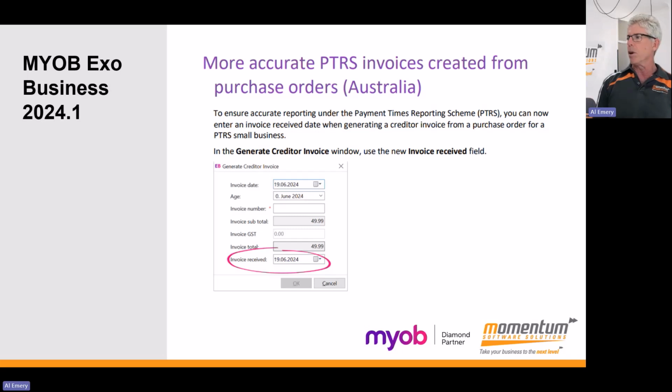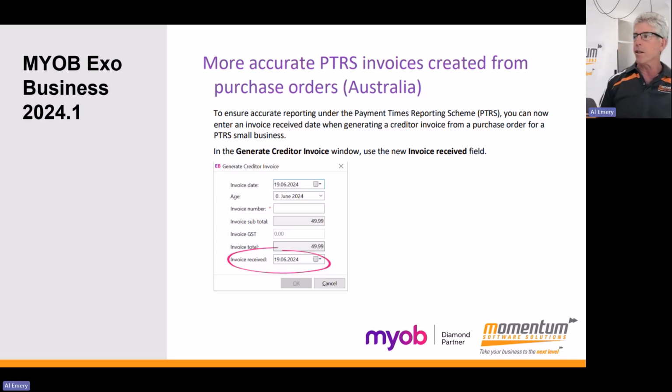So PTRS is payment time reporting, which is something that only larger companies, I believe it's $100 million or more, might be 50, but there's a turnover threshold. So this wouldn't apply to everybody, but under the payment time reporting scheme, you can now enter a date that you received an invoice, which may well be very different to the actual invoice date.